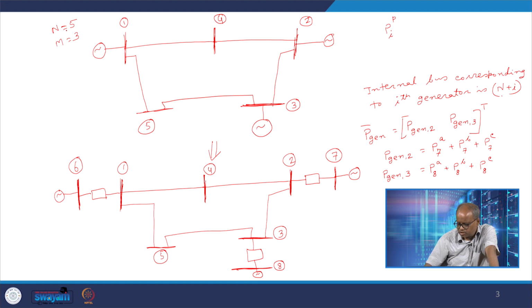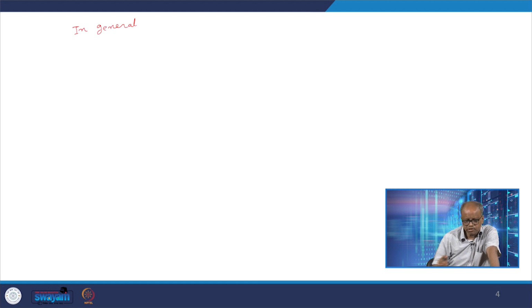So therefore Pgen i would be equal to P(n+i)A plus P(n+i)B plus P(n+i)C, for i equal to 1 to M.